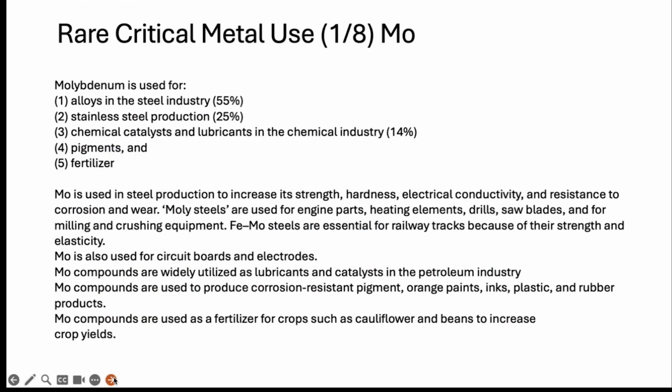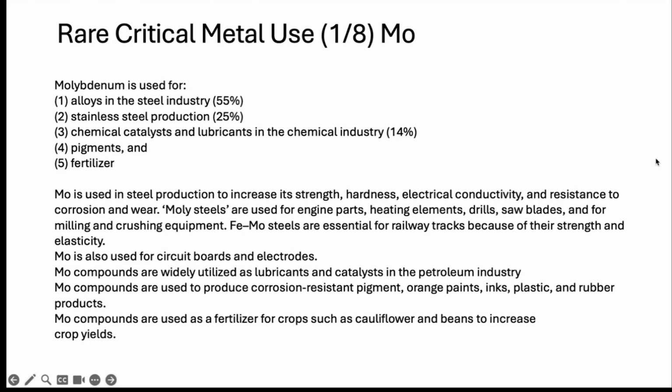It's mostly used for alloys in the steel industry and stainless steel, and then subordinate use, chemical catalysts and lubricants, pigments, and fertilizer. Molybdenum is used to increase the strength, hardness, electrical conductivity, and resistance to corrosion and wear in steel.